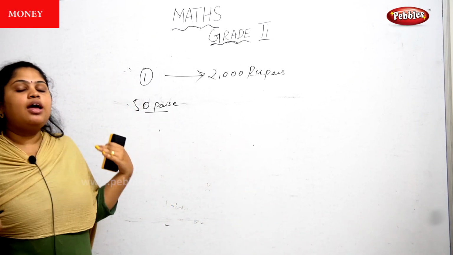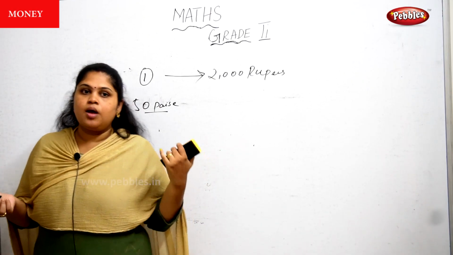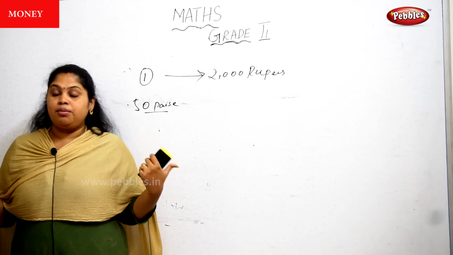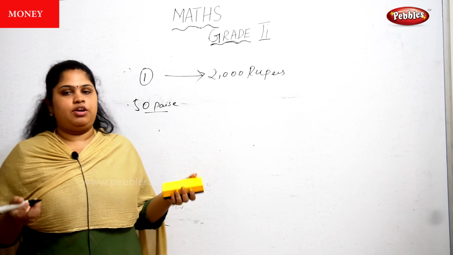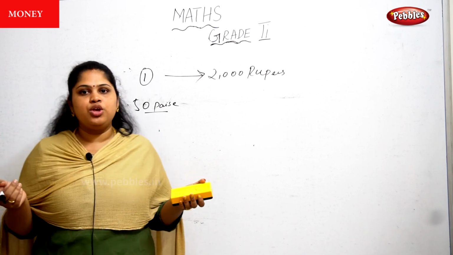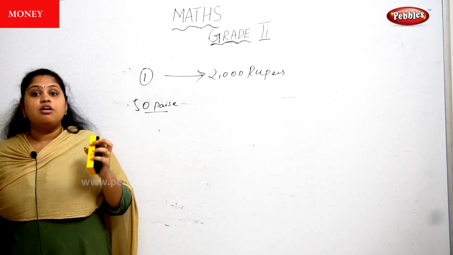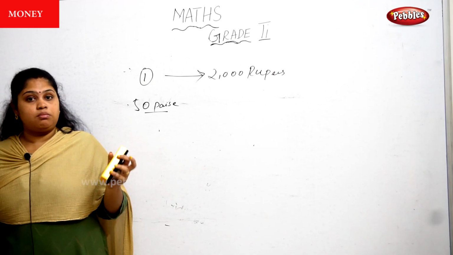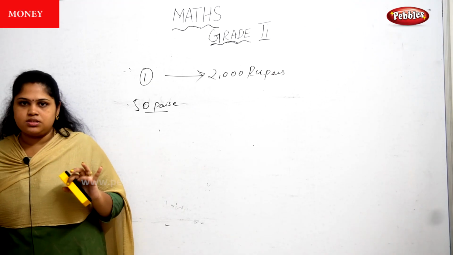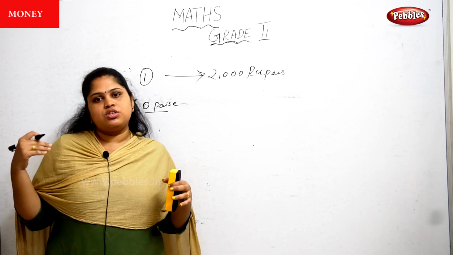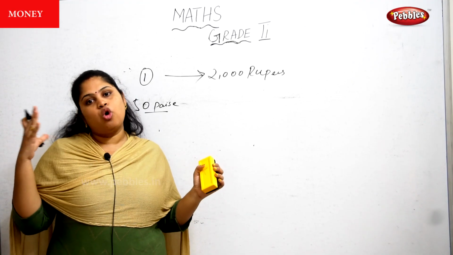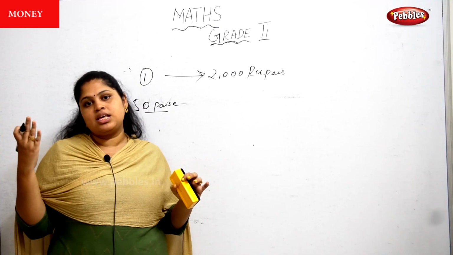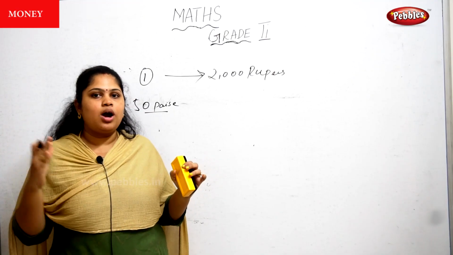When I was small, I saw the 20 paise coin, 5 paise coin and 25 paise coin. I used the 5 paise, 10 paise, 20 paise and 25 paise. When my mother was small, she also saw the 1 paise, 2 paise. In those days they used to refer to it as an anna: 1 anna, 2 anna, 3 anna.